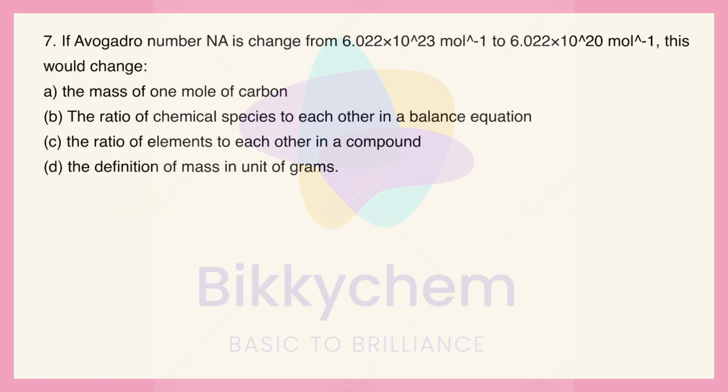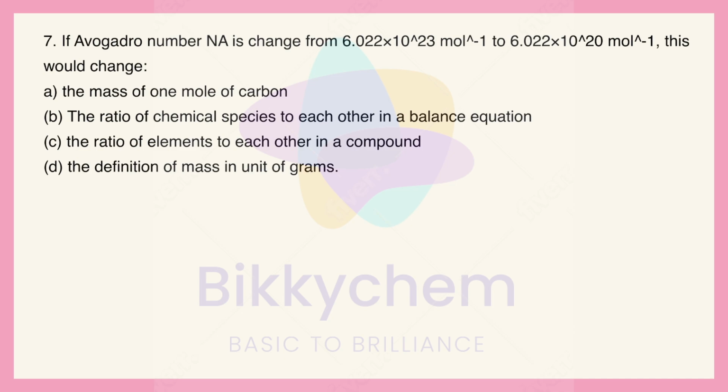Okay, now let's consider this one. Avogadro number changes from 6.022 into 10 to the power 23 to 10 to the power 20. What will happen? Whether the mass of 1 mole of carbon will change, or the chemical species of each imbalanced chemical equation remain the same, or the ratio of elements in a compound will change, or the definition of mass in the unit of gram.